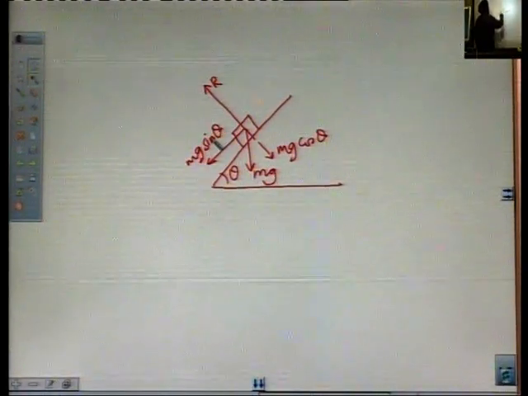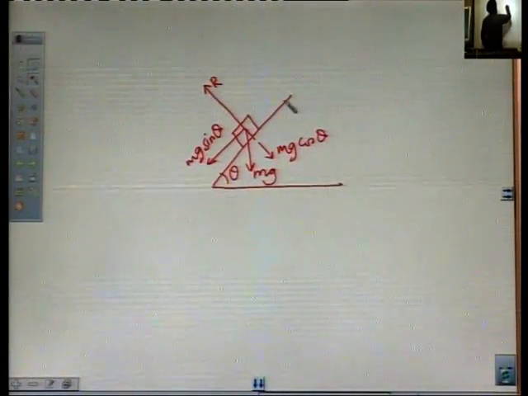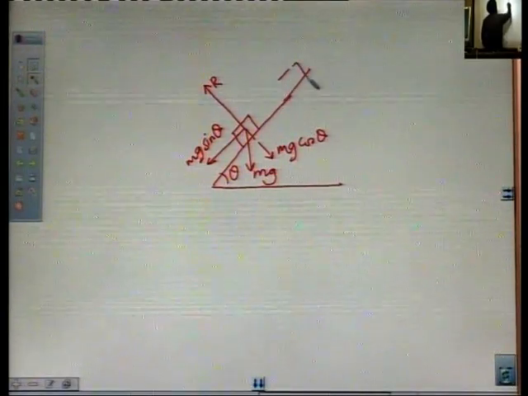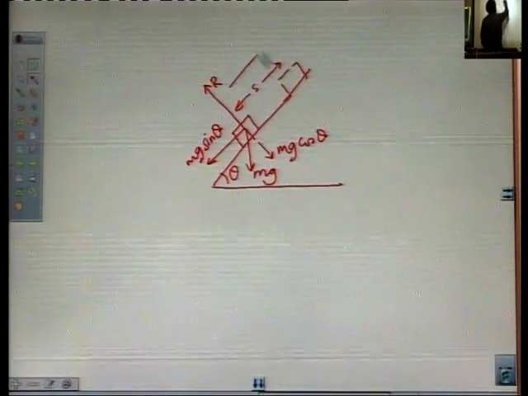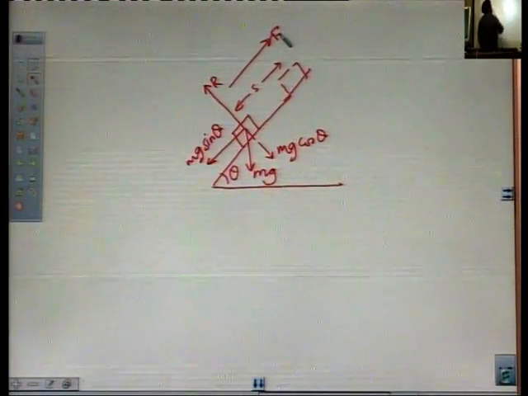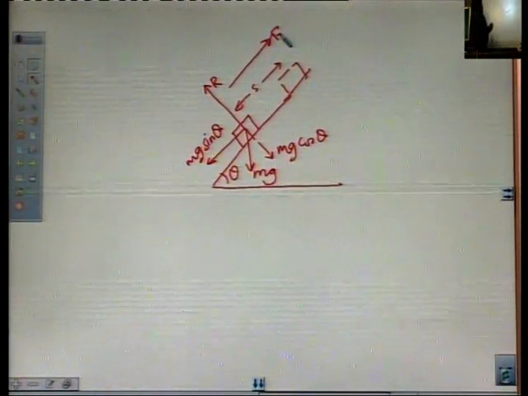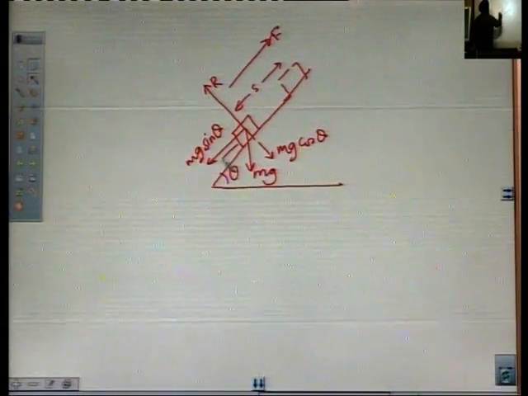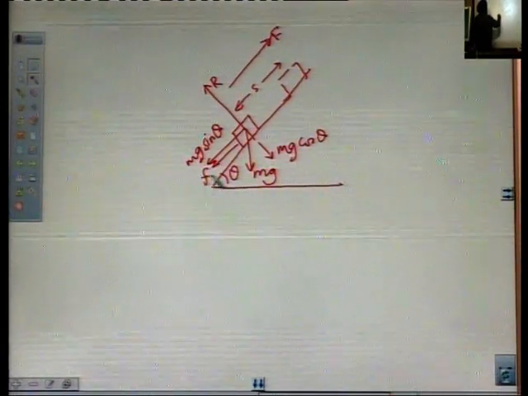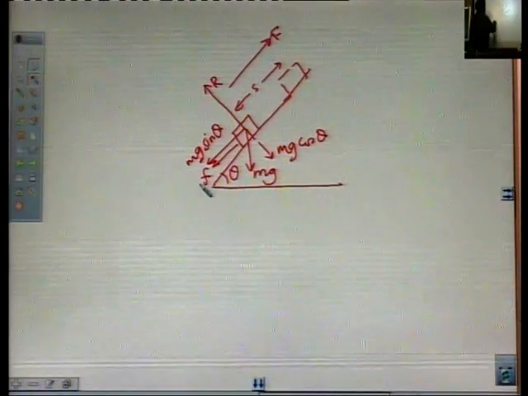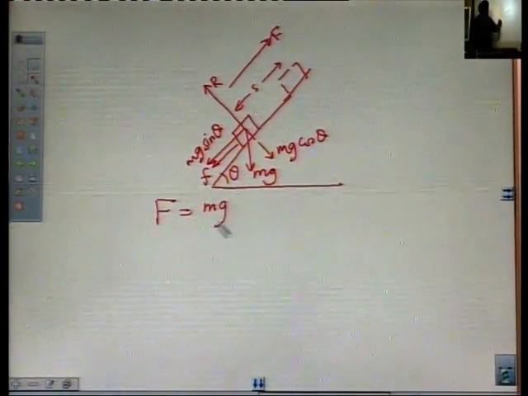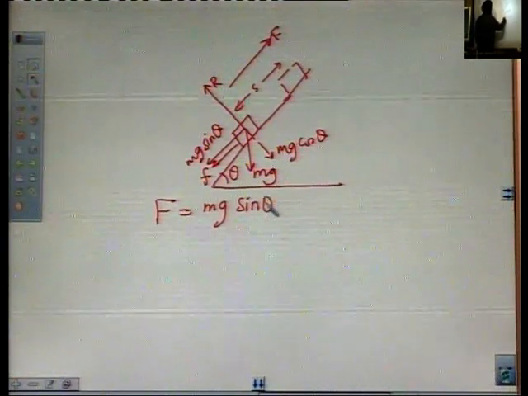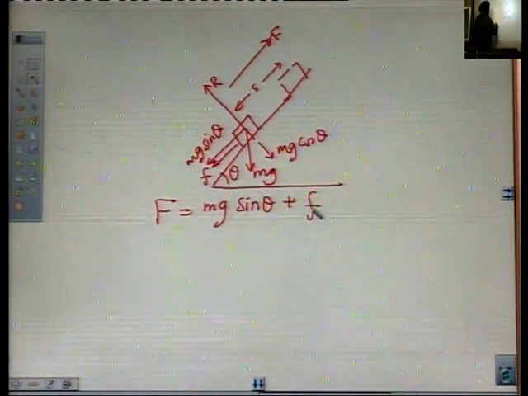So, body is to be moved upwards here, say the body is to be moved by a distance s, what force should I apply? Now, as the body is moving upwards, force of friction will also be in the downward direction. So, the net force that we will have to apply is mg sin theta plus F.